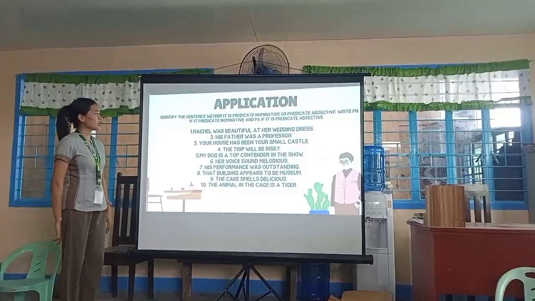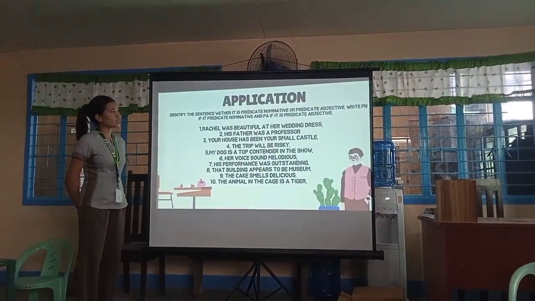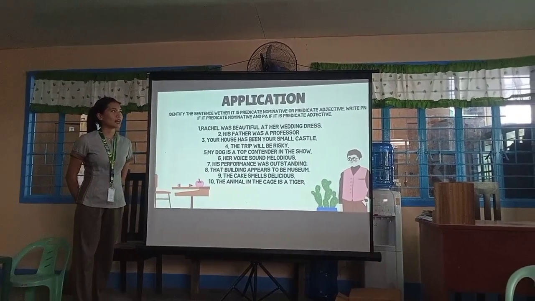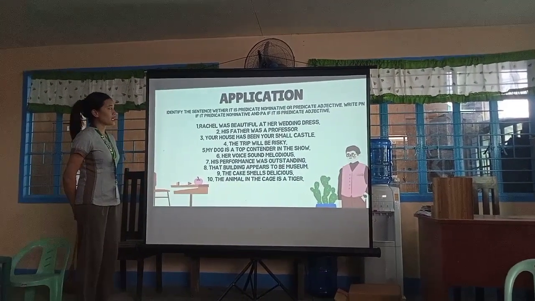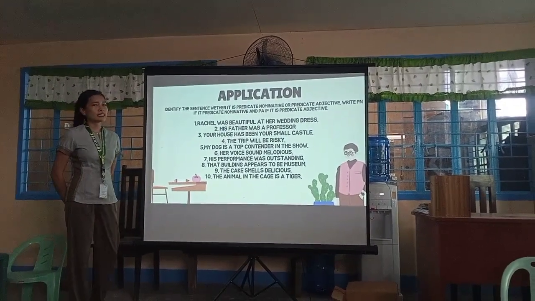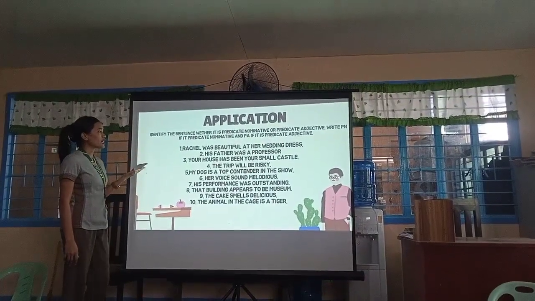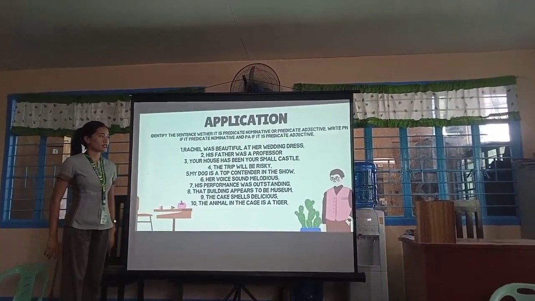Okay. Our application is to identify whether the sentence is predicate nominative or predicate adjective. Write PN if it is predicate nominative and PA if it is predicate adjective. Number 1. Rachel was beautiful at her wedding dress.